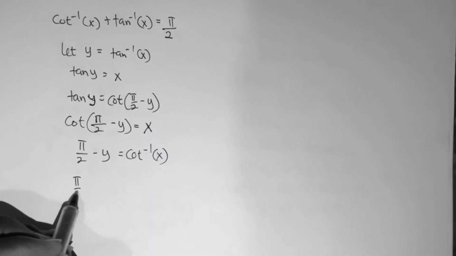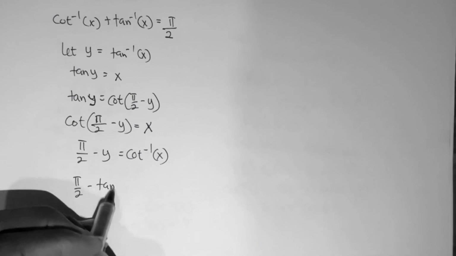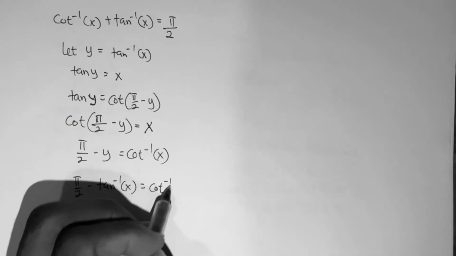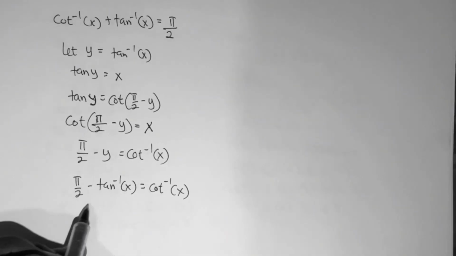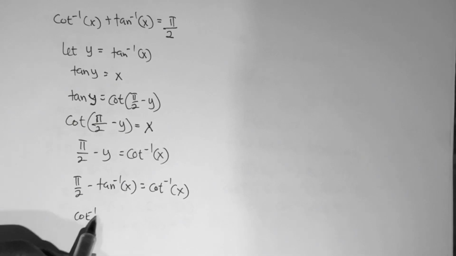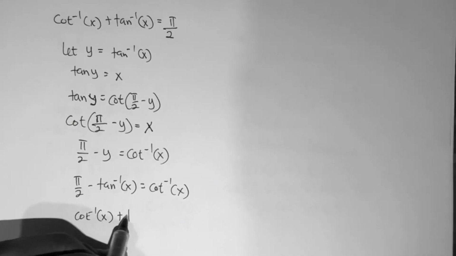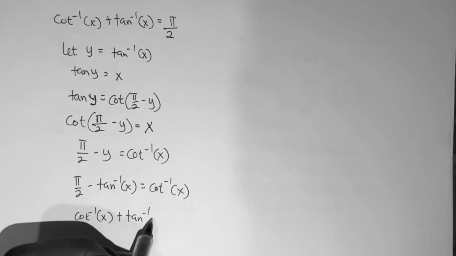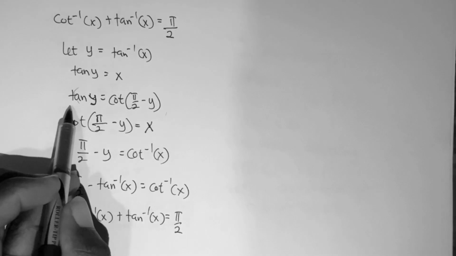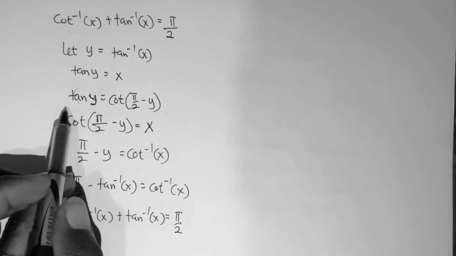So pi over 2 minus tan inverse of x is equal to cot inverse of x. And therefore, cot inverse of x plus tan inverse of x is equal to pi over 2. Now, why is this identity true?